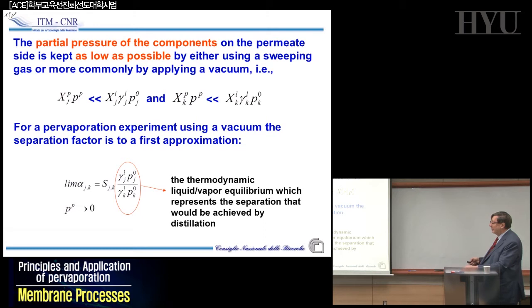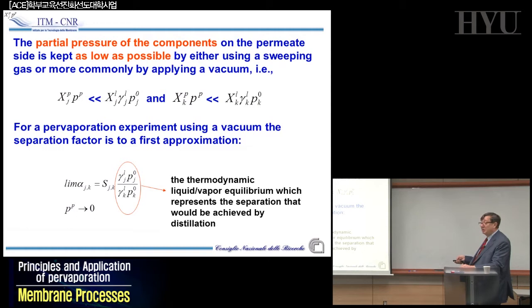Basically, the limit of the separation in your system, for the partial pressure downstream going to zero, is an expression that is nothing more than the thermodynamic liquid-vapor equilibrium. That represents basically the same level of separation that you can obtain not using membranes, but just traditional distillation.